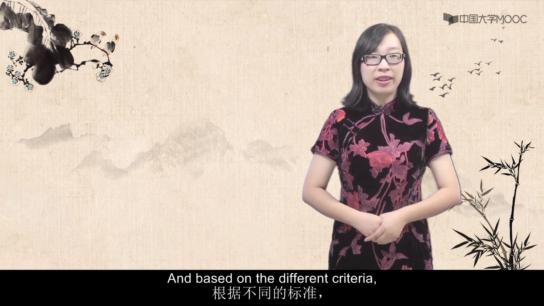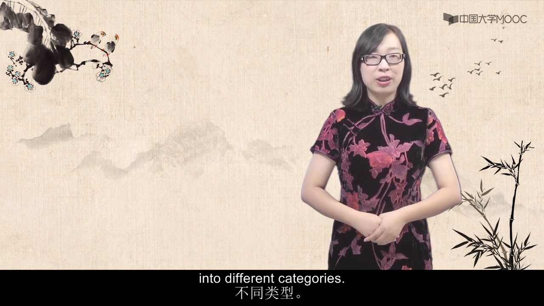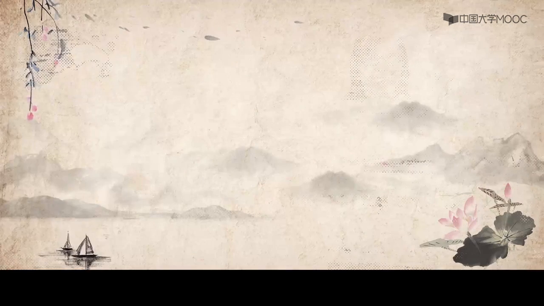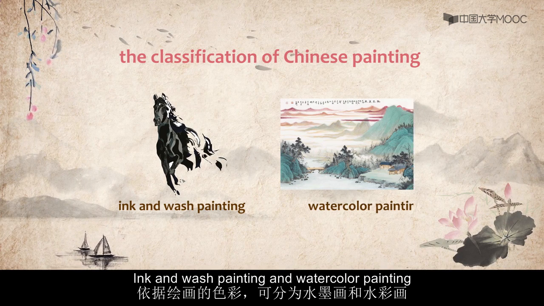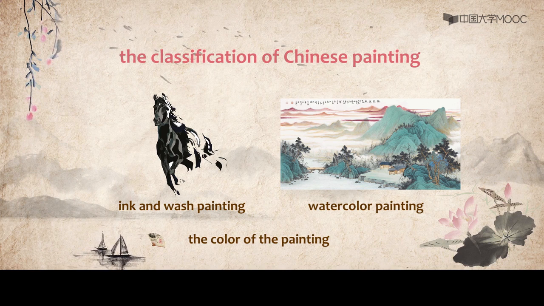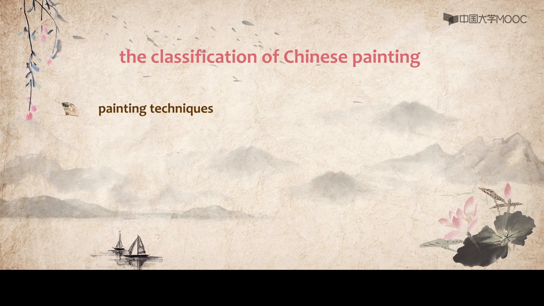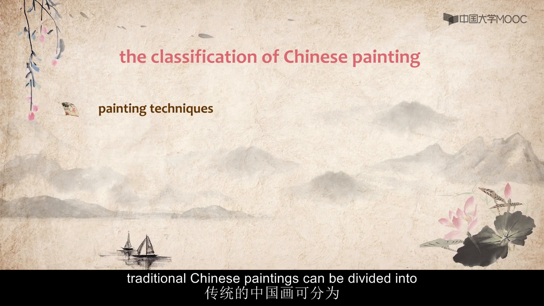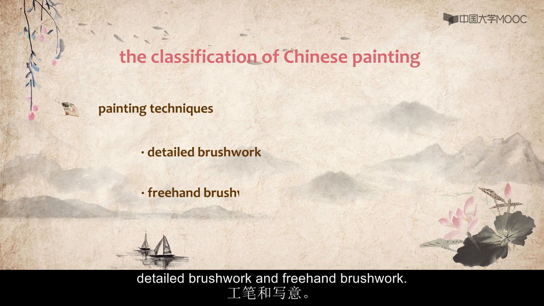And based on the different criteria, Chinese paintings can be classified into different categories. Ink and wash painting and watercolor painting are 2 genres based on the color of the painting. According to the painting techniques, traditional Chinese paintings can be divided into detailed brushwork and freehand brushwork.